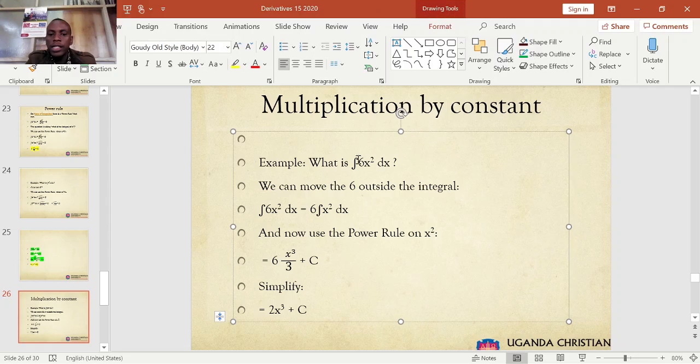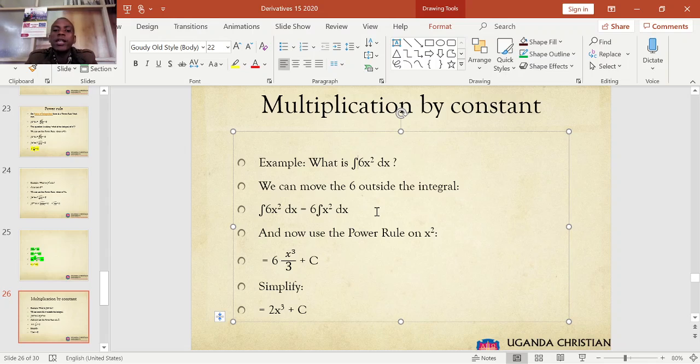Recall this sleeping s, or the snake s, stands for integration. So assuming we have a function like x squared being multiplied by 6, which is a constant, how do you deal with that? It's simple.